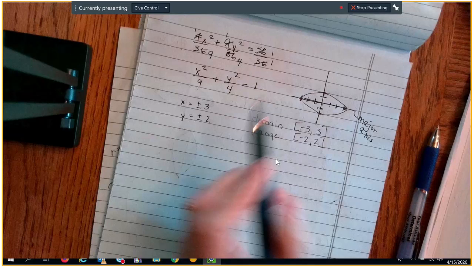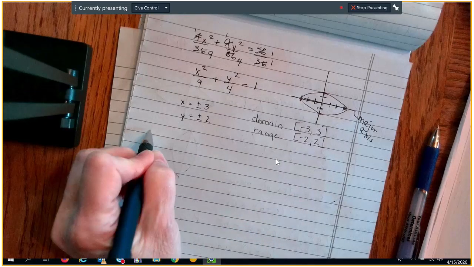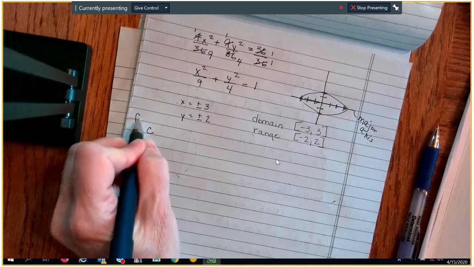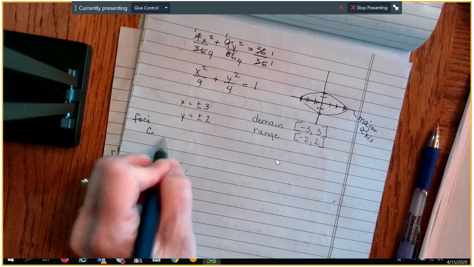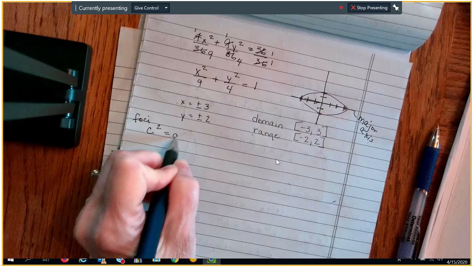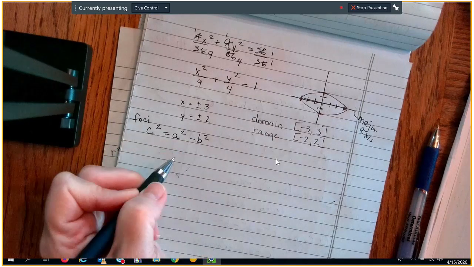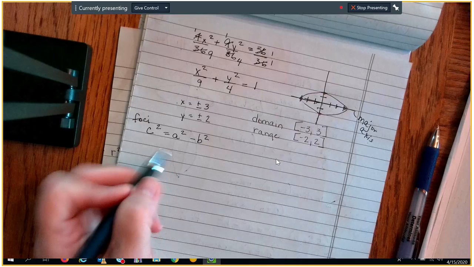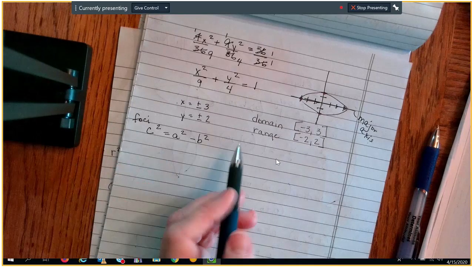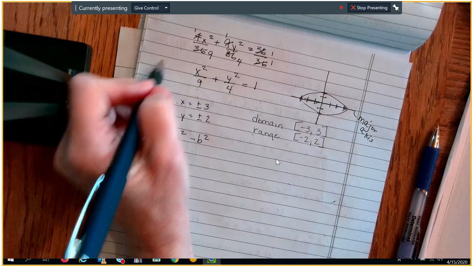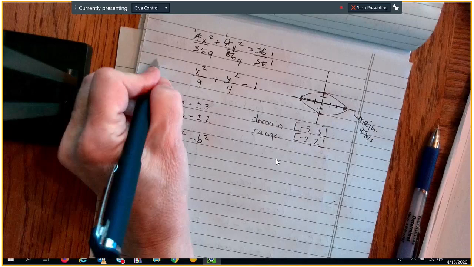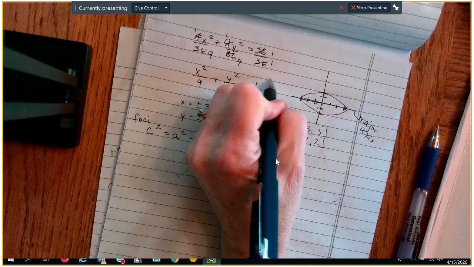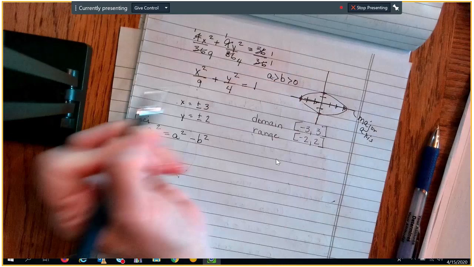So we went back and we said that to find the focus, or the foci, it was c squared equals a squared minus b squared. And remember we also said that a was going to be greater than b and b was going to be greater than 0.